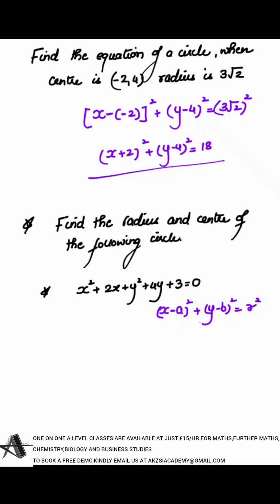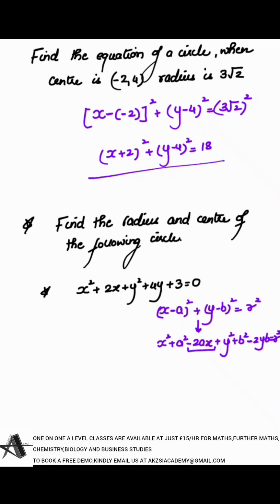If I expand this one, I'll get x squared plus a squared minus 2ax plus y squared plus b squared minus 2yb is equal to r squared. Now I need to compare it.